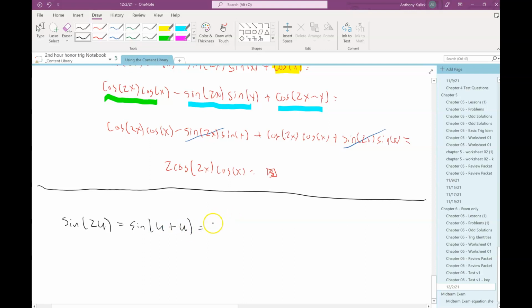We apply the angle sum formula for sine. So that's sine u times cosine u plus sine u times cosine u, which adds together to give us 2 sine u times cosine u. And that's it. That's the identity.